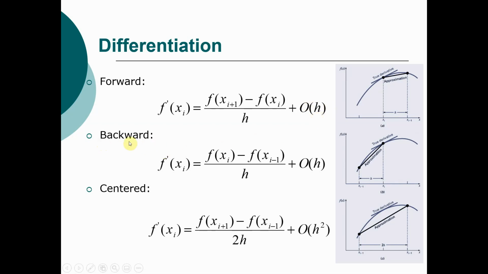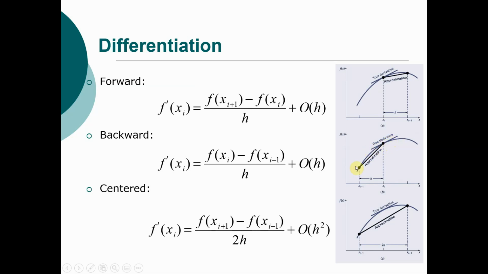Similarly, we have backward finite difference. In the backward difference, if we want to find the derivative of the function at xi, we go one step backward, right? And then we use this line as the approximation for the tangent. We find the slope of this line as the approximation for the slope of the tangent.